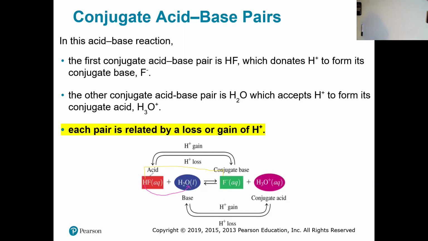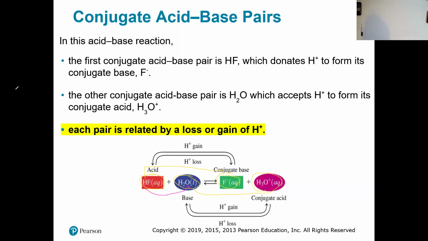So the pair is the starting reactant and the thing that it turns into on the product side. And for our H2O, which is our base, it started as H2O and it ended as H3O plus. So it started out as a base and then it ended as a conjugate acid. Our HF started as an acid and it ends as a conjugate base.